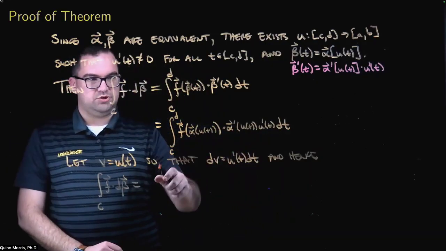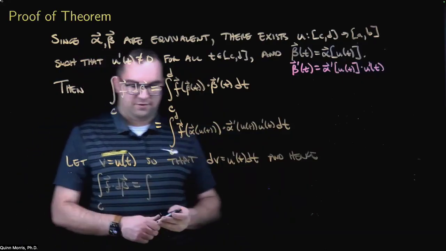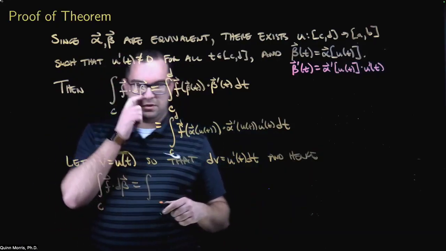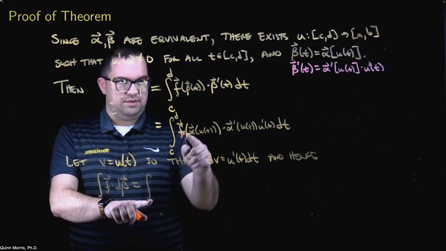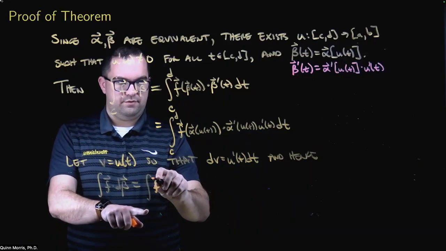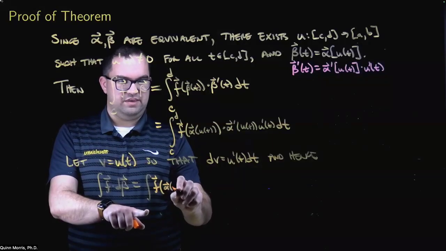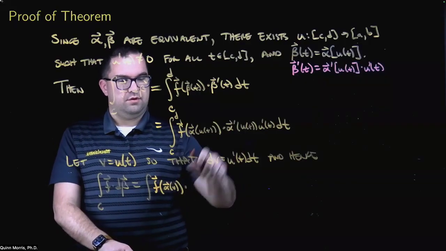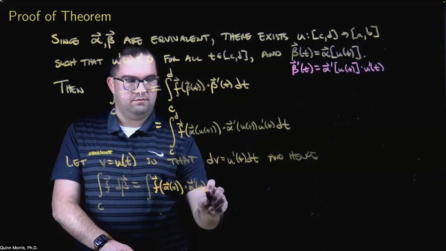But now if I do this U substitution, this is the integral. Now this is where I have to pay attention to my endpoints. So let me come back and deal with those in a second. This is going to be the integral of f of, this is going to be alpha of v now, dotted with alpha prime of v.